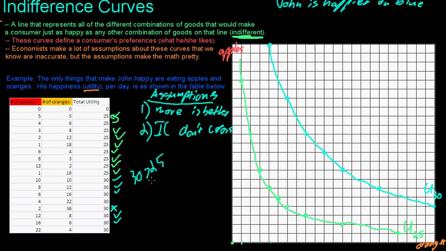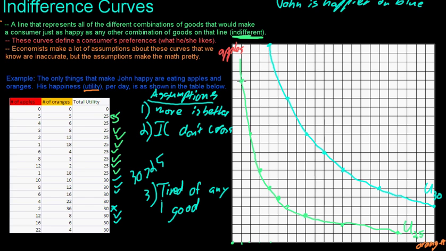And then another one that I think is really interesting is that there are diminishing marginal returns, which basically means that the curves are shaped like this. So as you eat more and more oranges, you get tired of eating oranges, is what they're really saying. So you get tired of any one good, because as you eat a ton of apples, you need to eat more and more apples to sacrifice that last orange.